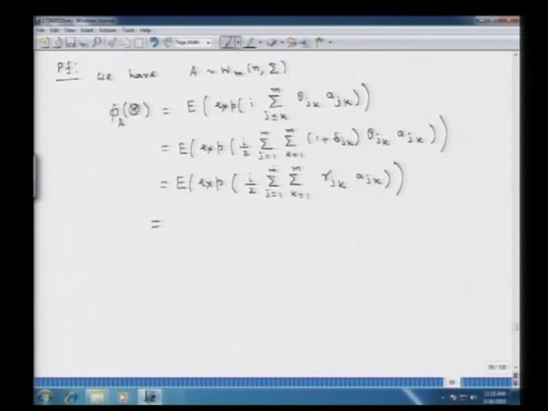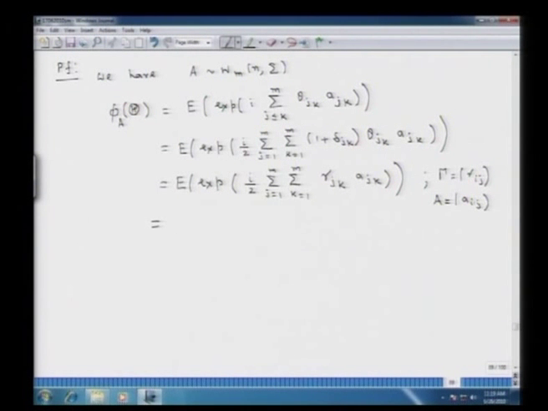Now, what is this expression, by the way? If we look at this double summation here, j equal to 1 to m, k equal to 1 to m, gamma j k times a j k. Gamma is that matrix which is holding these gamma j k terms, and A is the matrix which is holding these a j k terms.